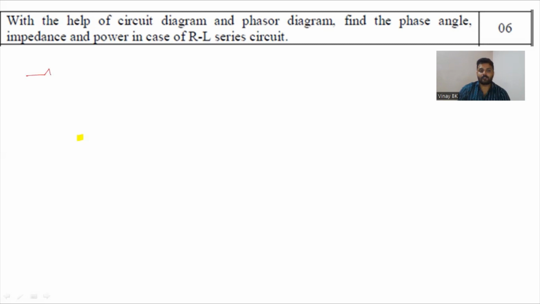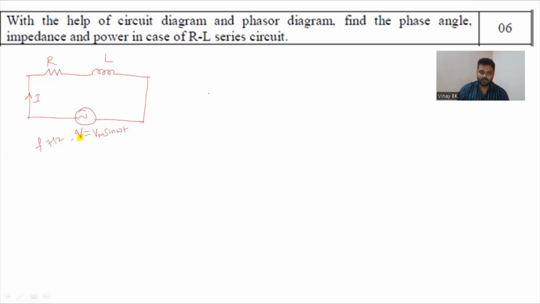A circuit which consists of R and L across voltage source, that is AC voltage source V. R, L, V. Whenever the supply is given to the RL series circuit, current starts to flow, so I'm mentioning that I is flowing, whereas v is nothing but the instantaneous value of voltage, which is given by Vm sine omega t with reference to frequency f hertz.